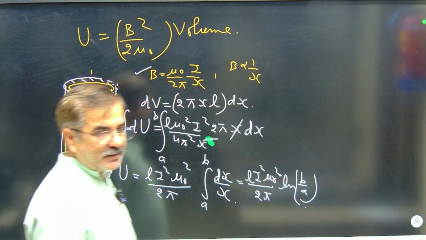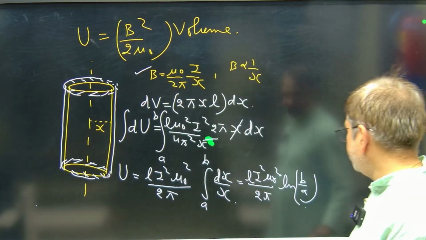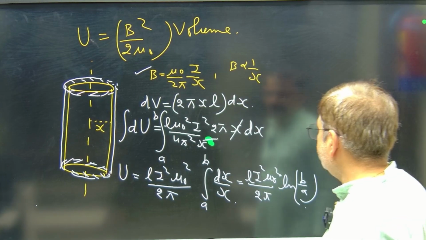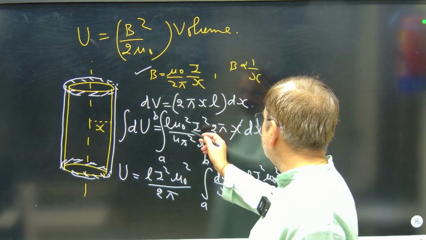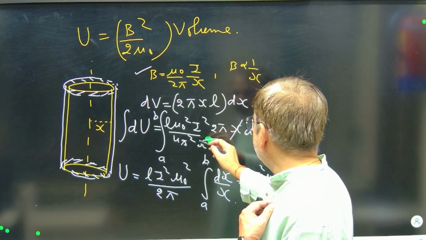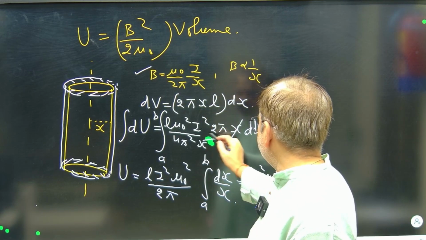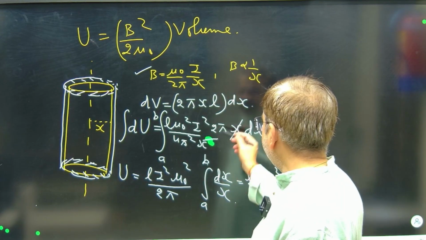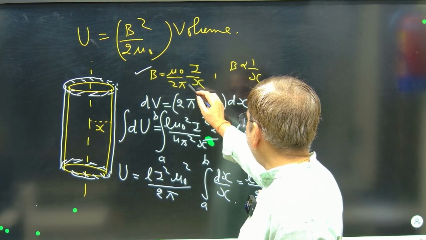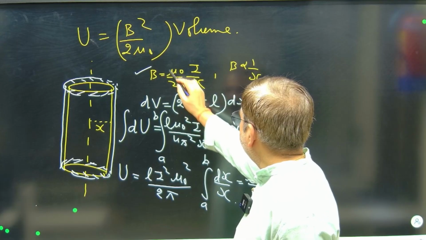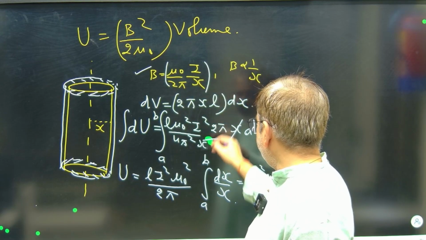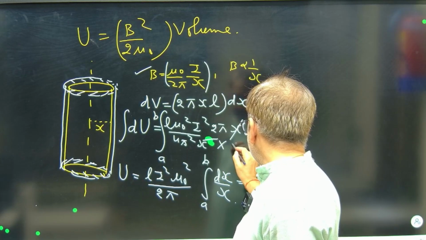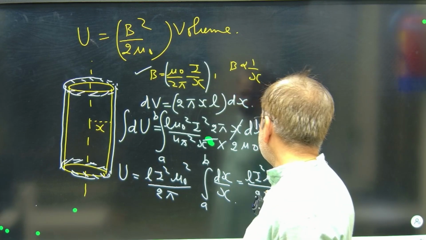And if I compare this result with half L I square, what will I get? Just see here, mu naught by 4 pi, and B square by 2 mu naught. First of all, B is this, so B square by 2 mu naught, I will put 2 times mu naught here as well.